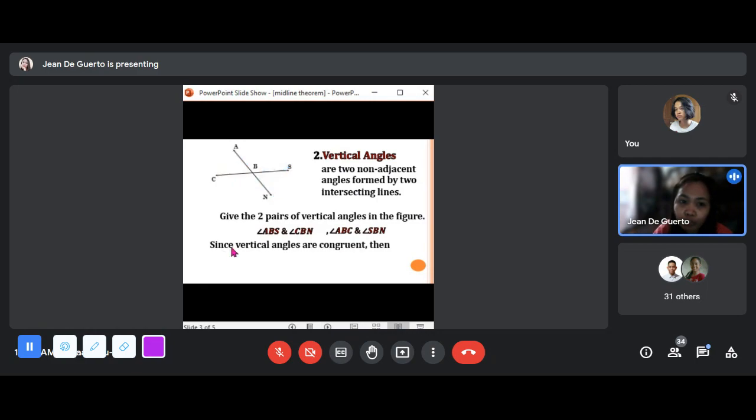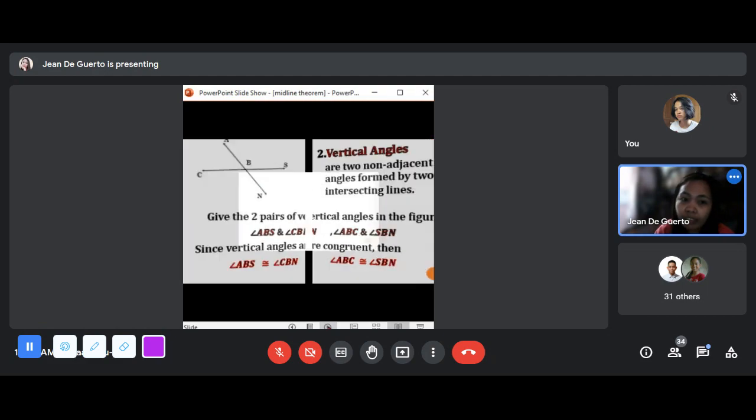So vertical angles are congruent, therefore angle ABS is congruent to angle CBN, and angle ABC is congruent to angle SBN. So pag measurement yung binigay, you drop the congruent symbol but replace it with the equal sign.